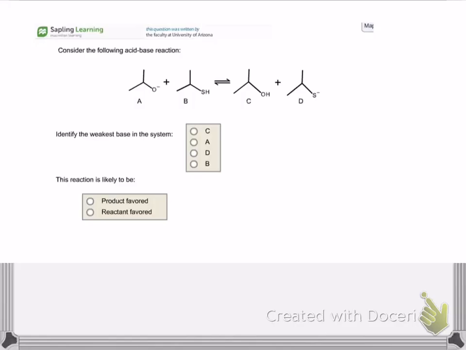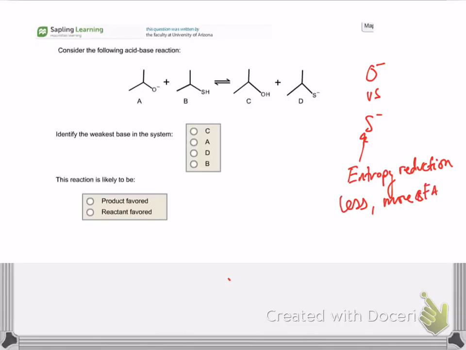Okay, there's another question here in Sapling. We're looking at the difference between O minus versus S minus. This is a feature 1 analysis. We're looking at two different atoms with a negative charge on them. So with O minus, there's entropy reduction. The entropy is greater where the negative charge is on sulfur. That's going to be entropically favored because there's less organization and charge density goes down.